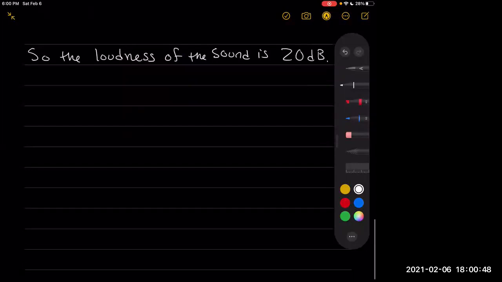So now we're going to move on to something called natural logarithms.